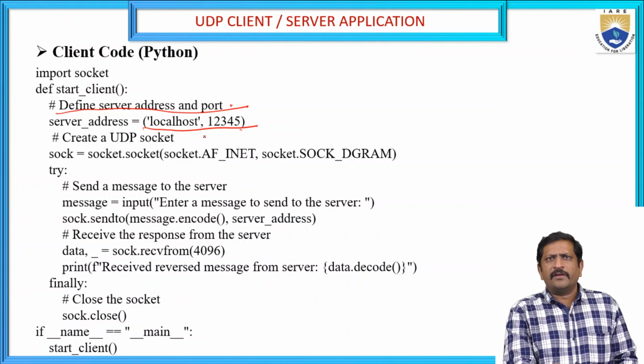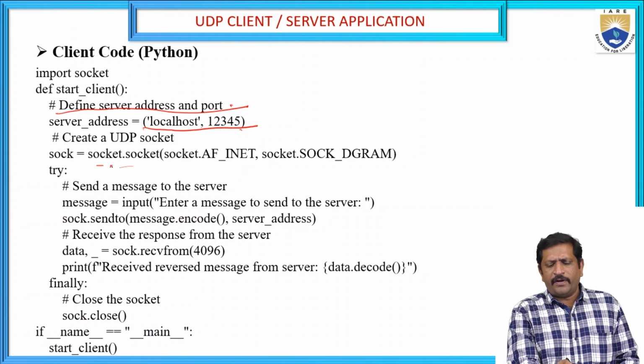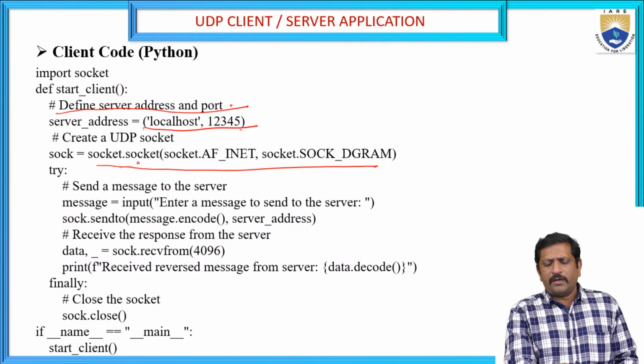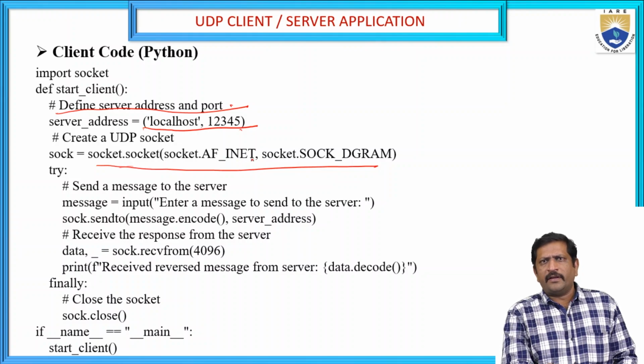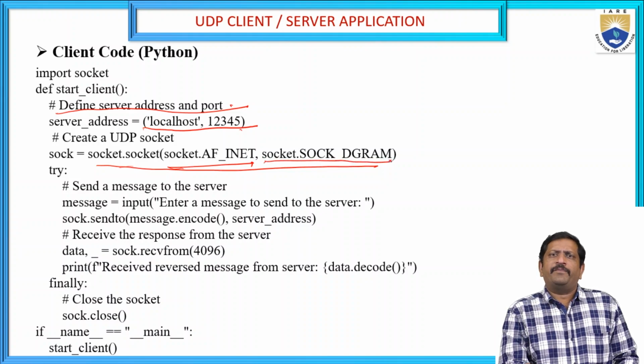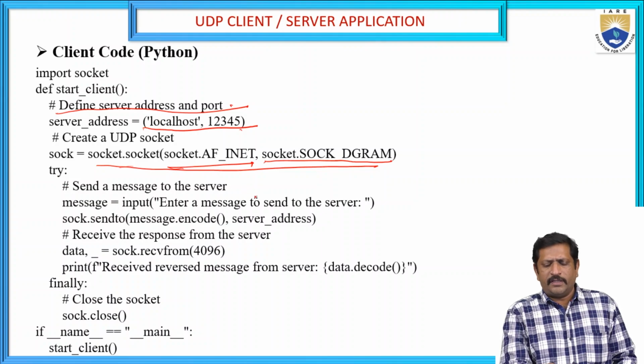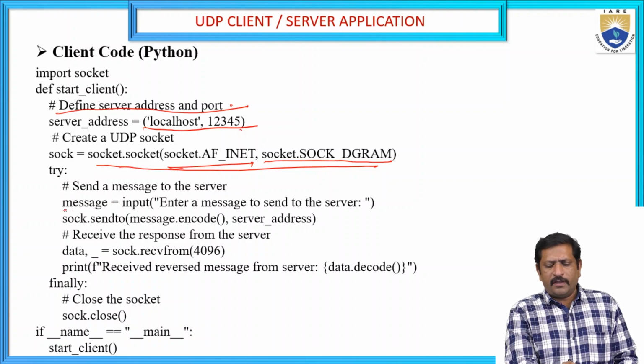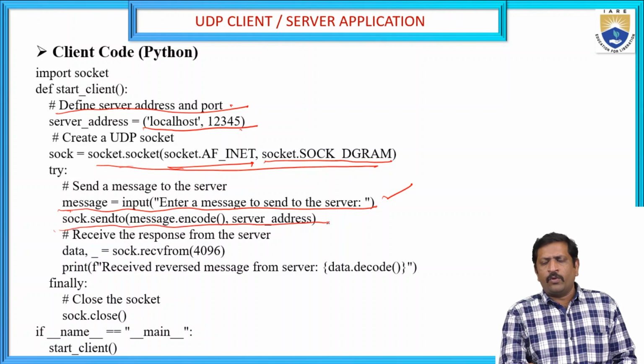Then creating the UDP socket, the function is socket.AF_INET, which is the domain of the socket, and socket.SOCK_DGRAM is the type of the socket, which we use for sending messages to the server. With the help of the input function, we can enter the data.